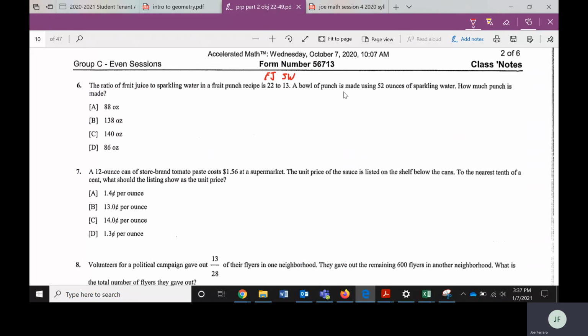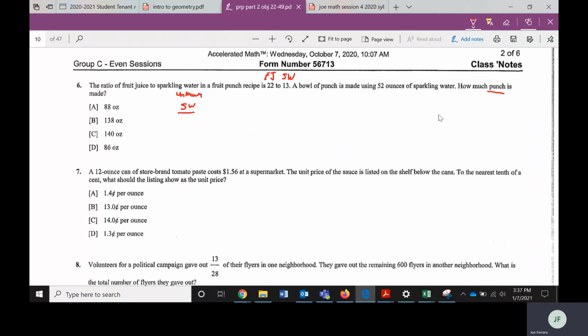It says a bowl of punch is made by using 52 ounces of sparkling water. How much punch is made? So in the question, they're asking how much punch is made if we use 52 ounces of sparkling water. So we are using sparkling water. So this is our unknown.